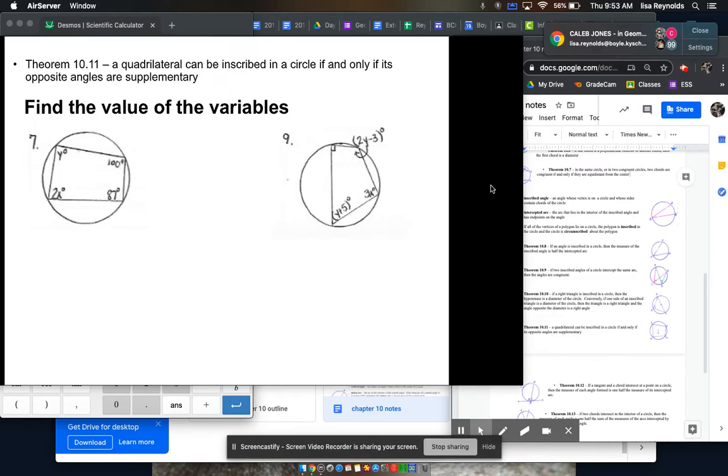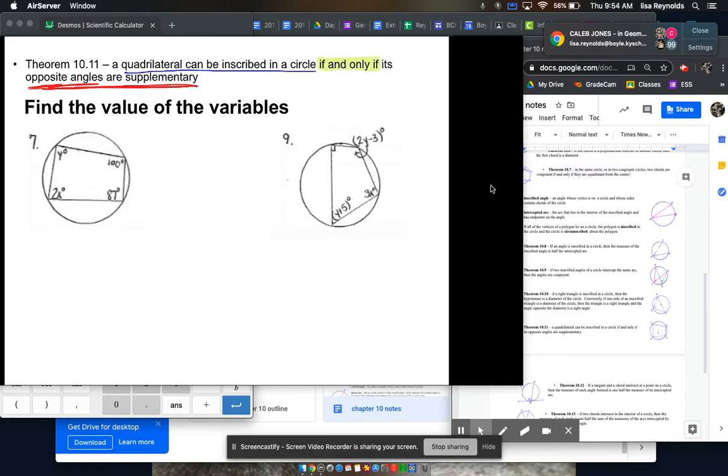Our next question deals with theorem 10.11. Notice that this particular theorem is an if and only if, so it works two ways. We can use this theorem to decide if our quadrilateral can be inscribed, and we can use this to find missing angle measures because opposite angles are supplementary.